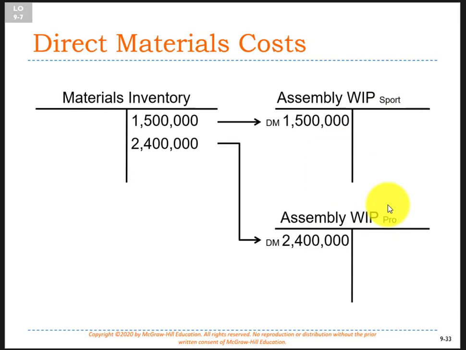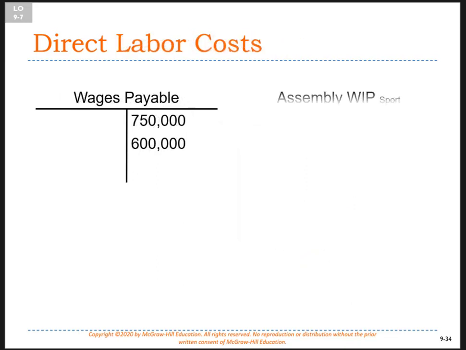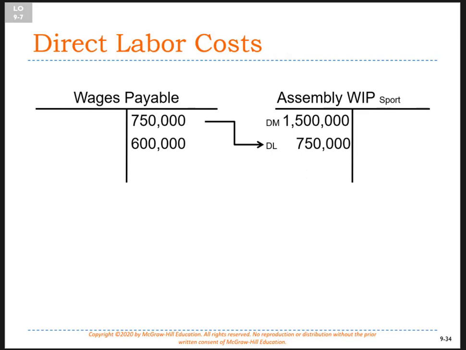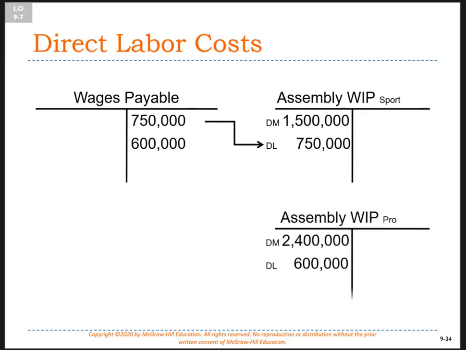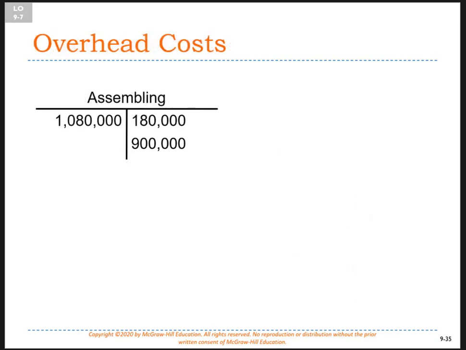So literally we're developing a T account for each product to try to track our unit cost per product. So our direct materials happen the same way we've been used to. Wages payable goes right into the work in process as direct labor as well. Nothing's changed about that.